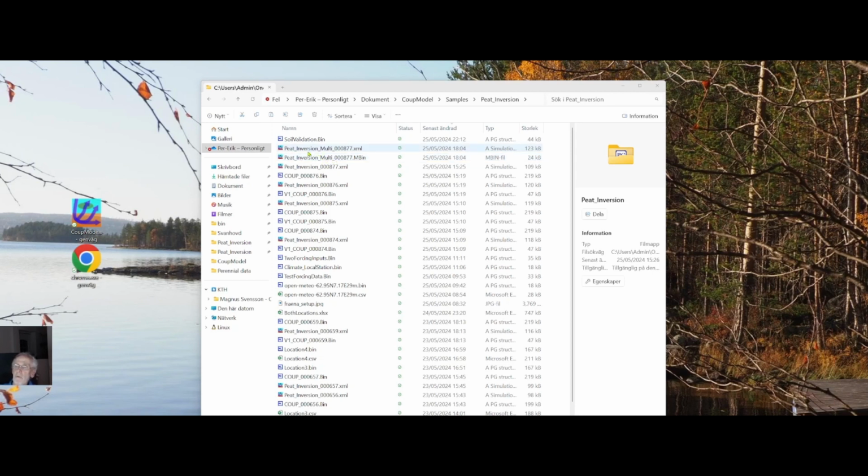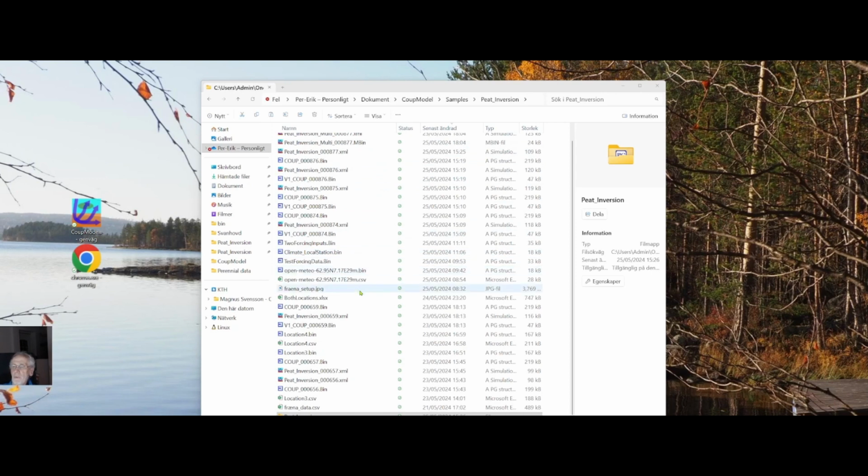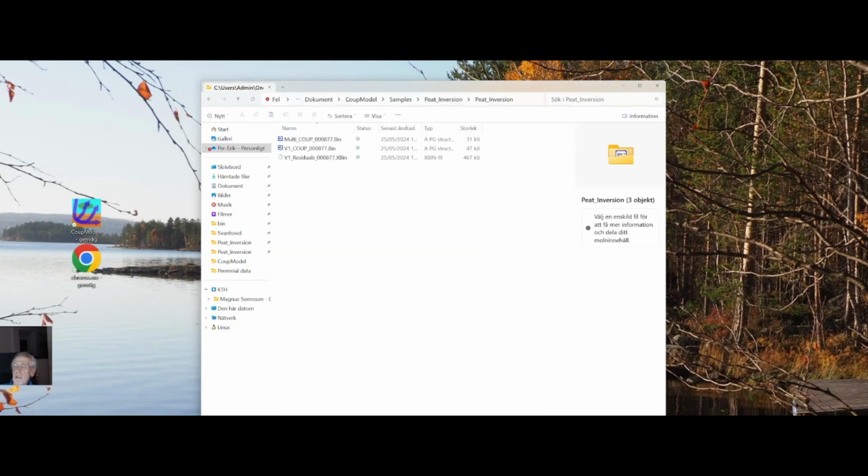The normal file name for the XML file is shifting in the naming from a Pete inversion with a number to Pete inversion multi and the same number. In addition, we have a directory created called Pete inversion, the same as the start of the file name, and that particular directory includes a number of also binary files.